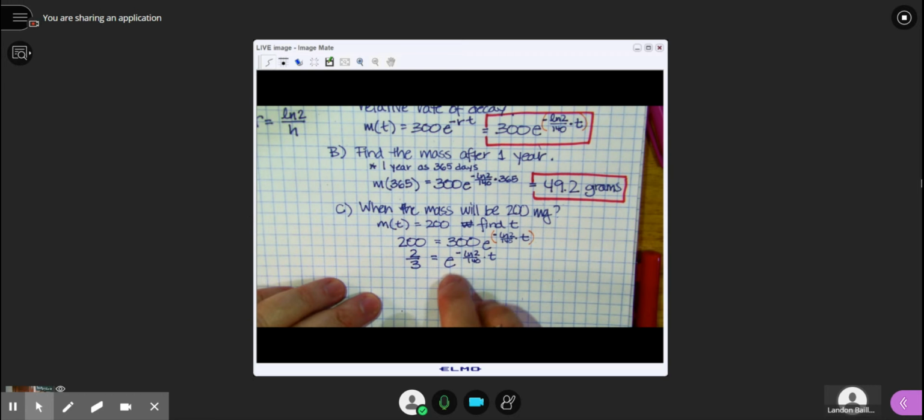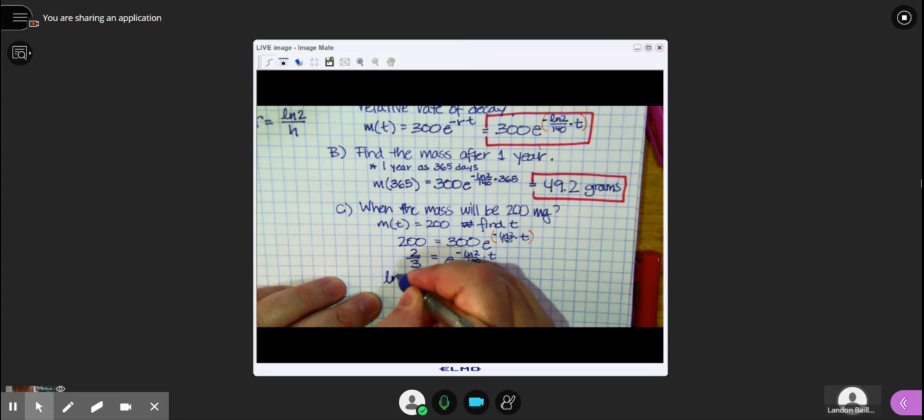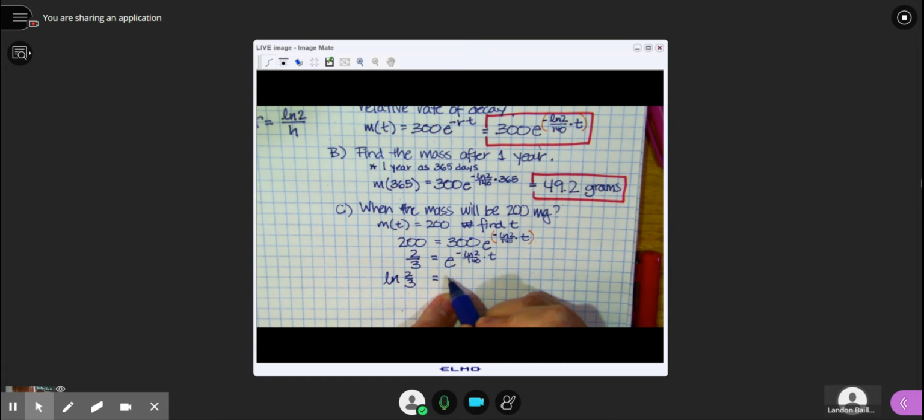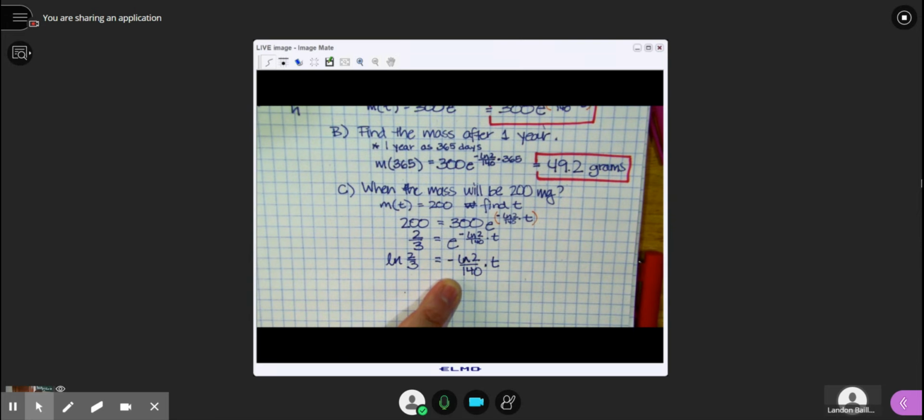Then because this is an e, I'm not going to take a log base 10. I'm going to take a natural log. ln of 2/3 is going to be ln of e, which is going to bring all of this out front. Now I'm trying to isolate t.